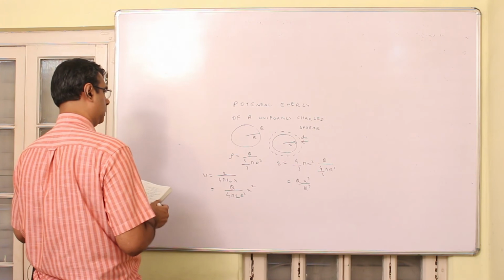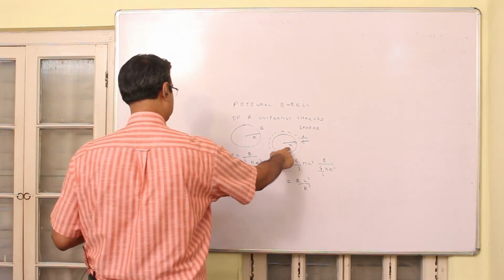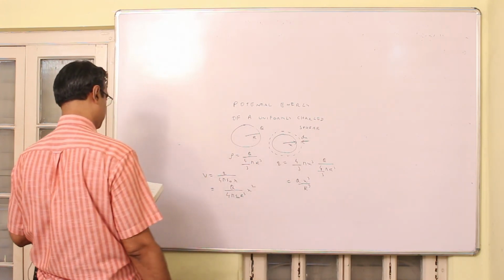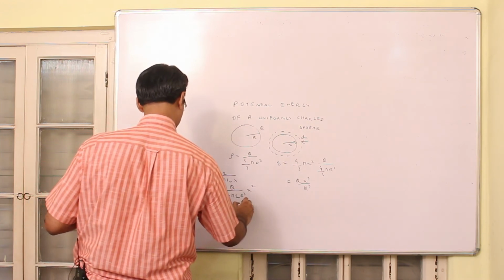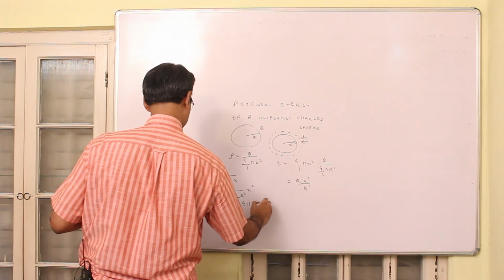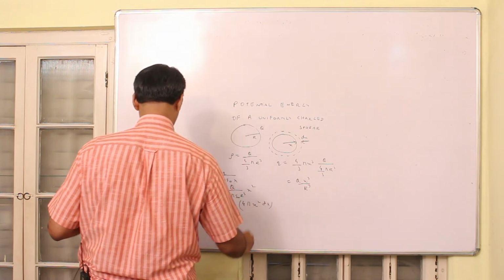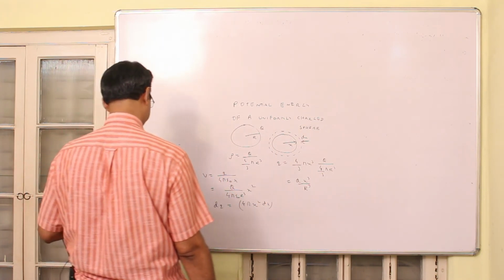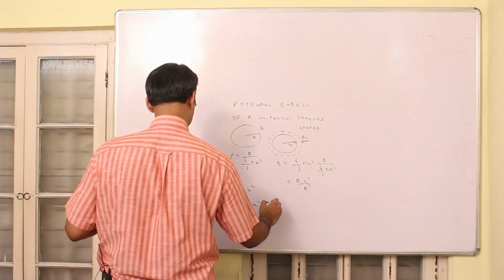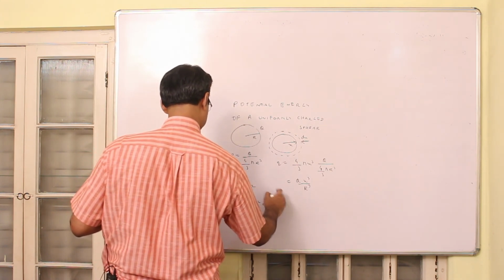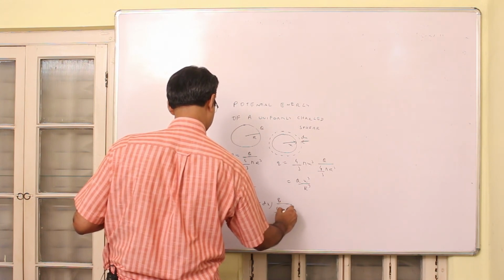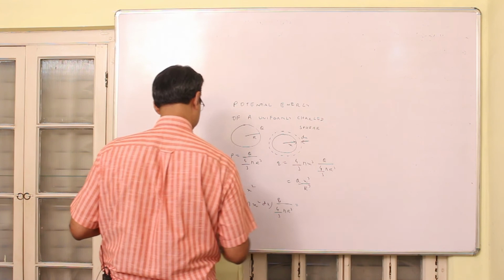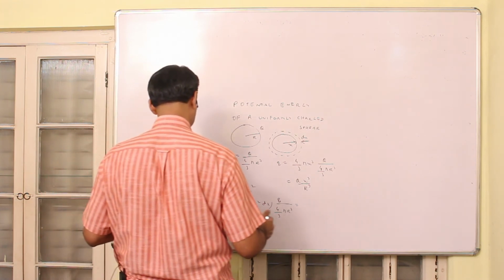Now remember that you are increasing the radius by dx. So to increase the radius by dx, you have to add some more charge, that is 4 pi x square into dx multiplied by the charge density, that is q by 4/3 pi r cube.